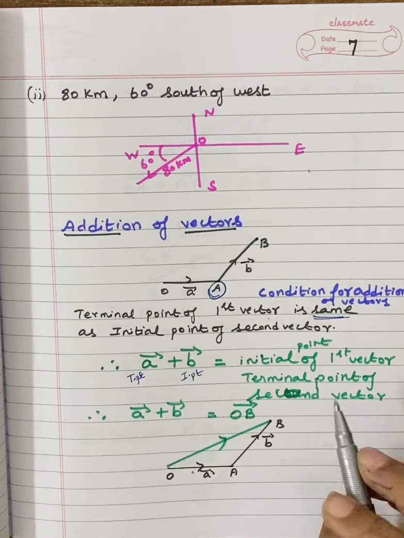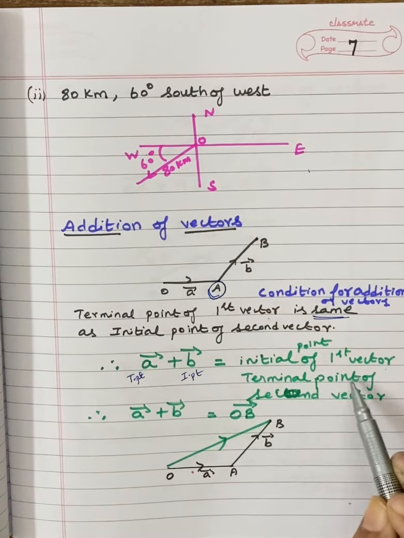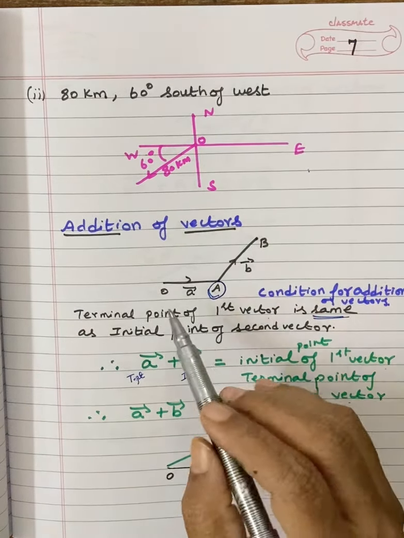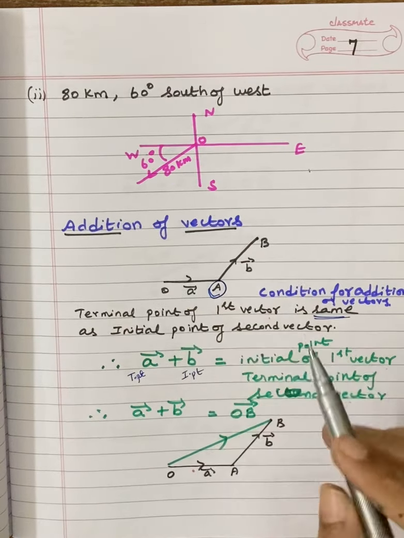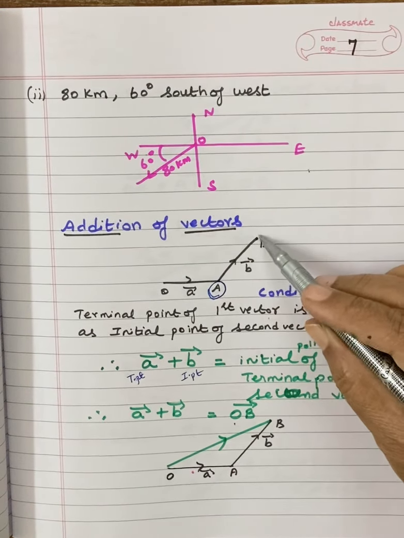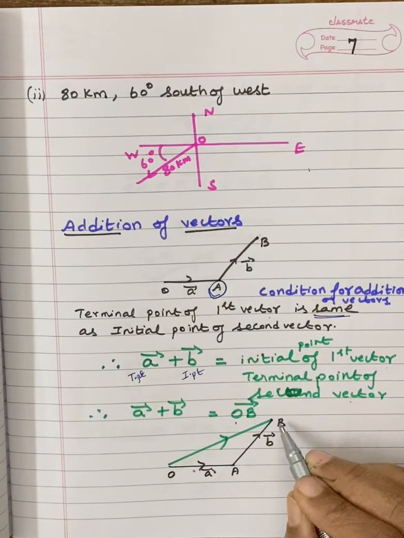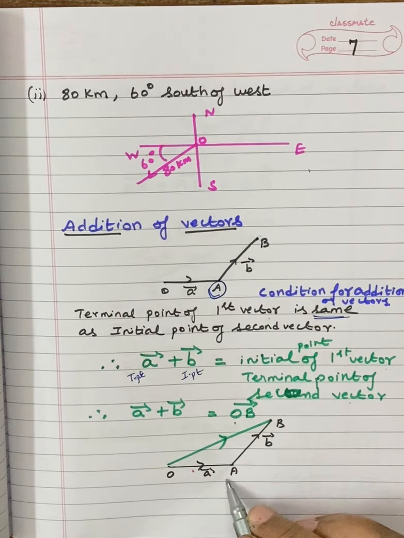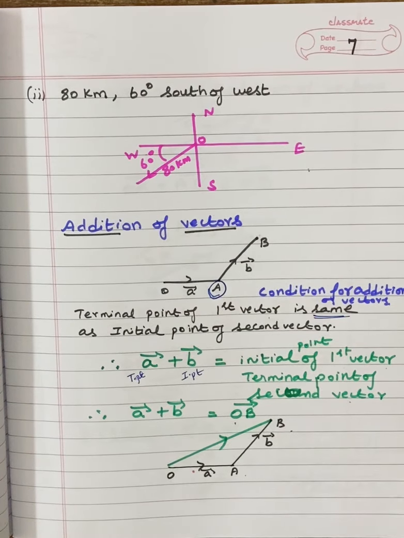The answer is the initial point of the first vector, terminal point of the second vector. This is first vector. Its initial point is O. And this is second vector. Its terminal point is B. So see, OB vector. So A vector plus B vector equal to OB vector.